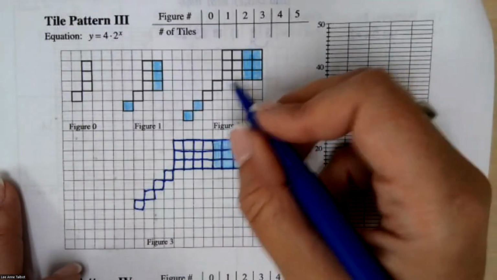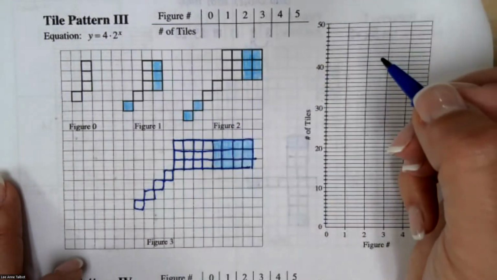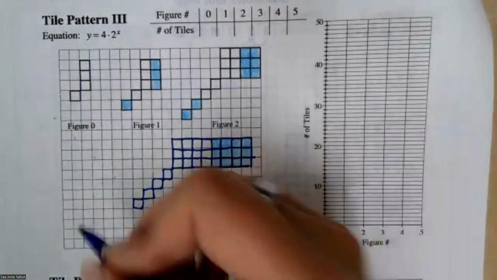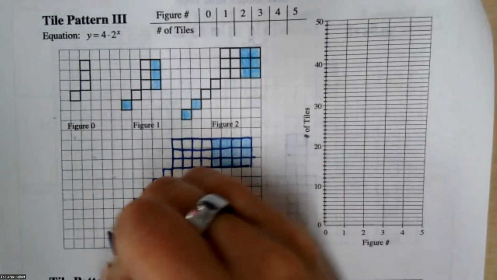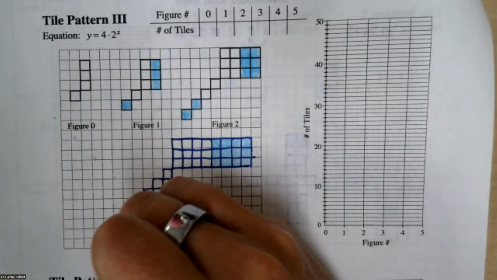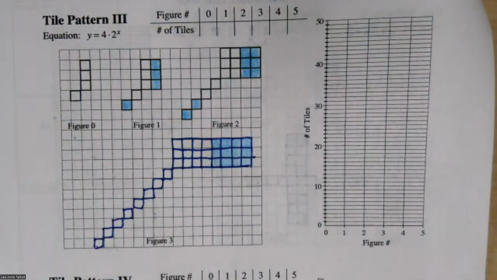Do you guys know how many are going to be in the tail? Yes. Does it double every time? It does double every time. And there's a big hint in the equation of why it doubles every time.